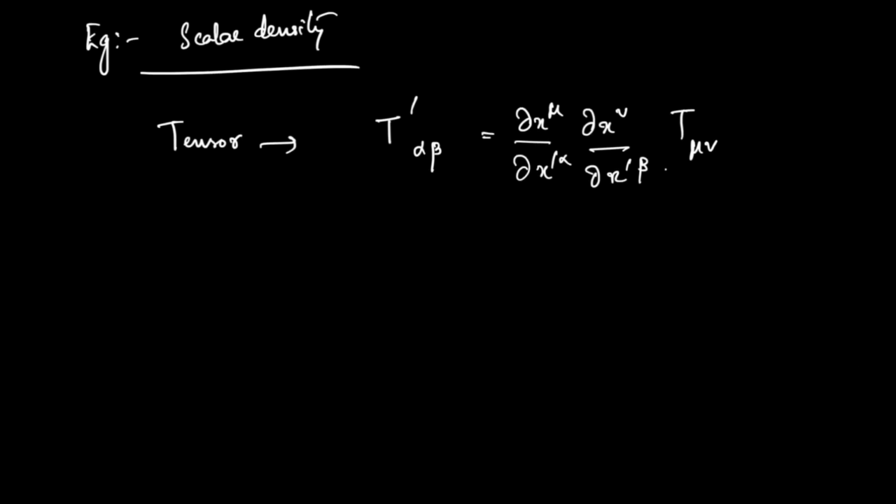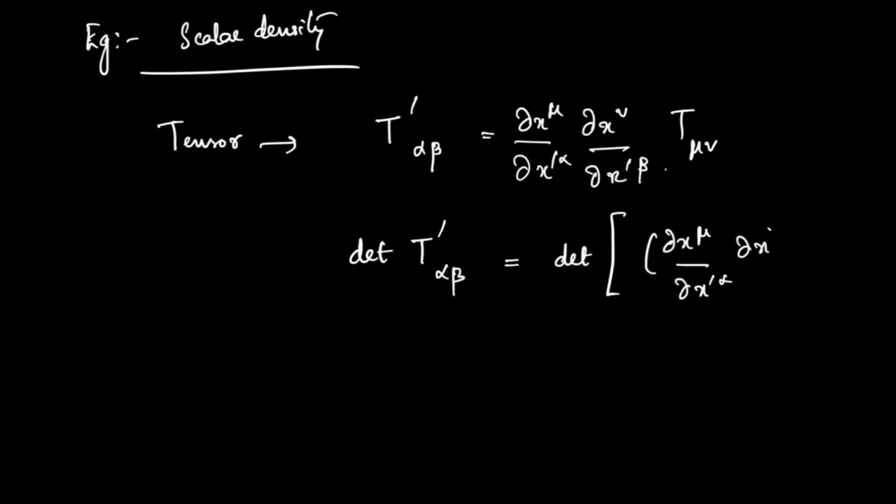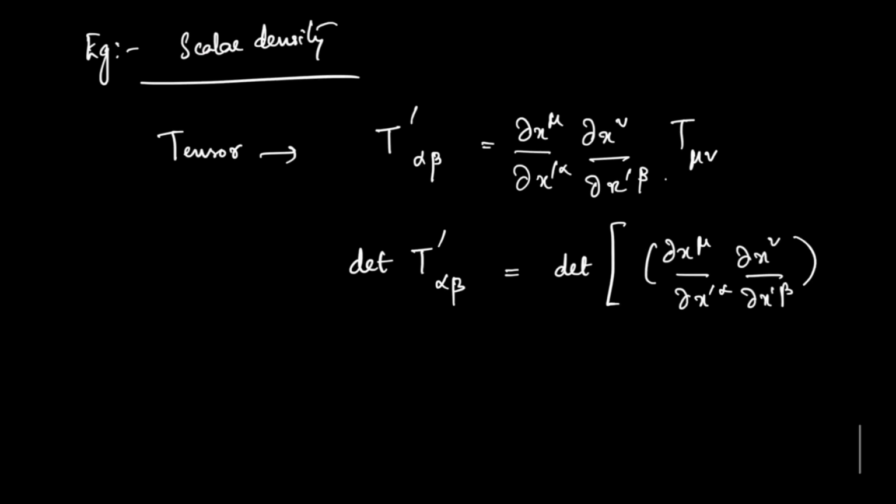Now I am going to take the determinant on both sides. So the determinant of t prime alpha beta is equal to the determinant of partial derivative of x mu with respect to x prime alpha, x nu with respect to x prime beta, let this be one quantity, and t mu nu.